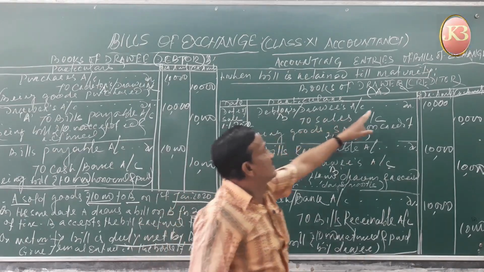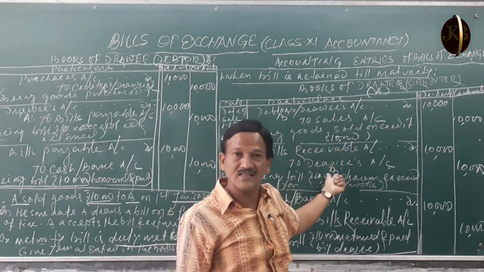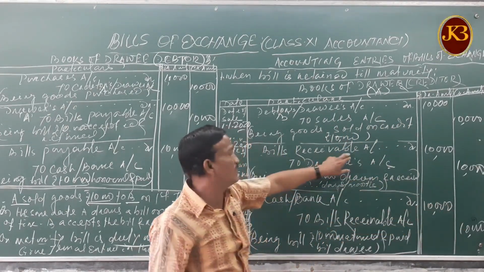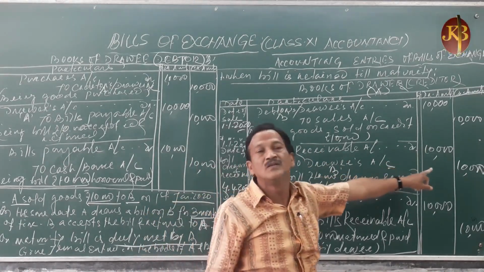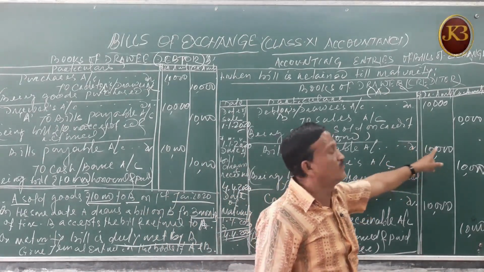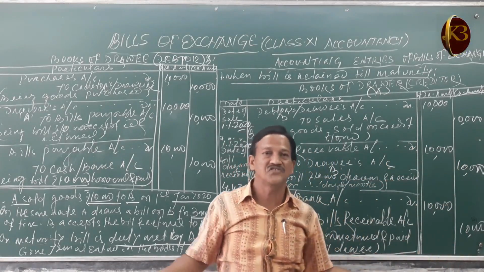Suppose this is 10,000 and of that 1,000 is paid immediately in cash and for the balance he accepted bills. So bills receivable account debited, cash account debited to B's account, that is cash received 1,000, bills will be reduced to 9,000. So that is the addition to the journal entries.